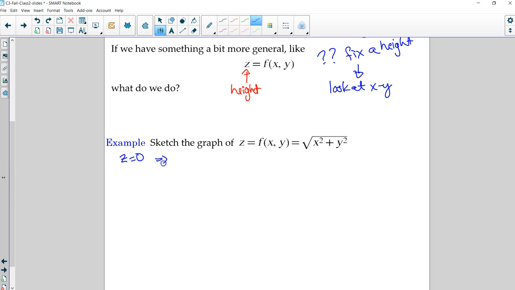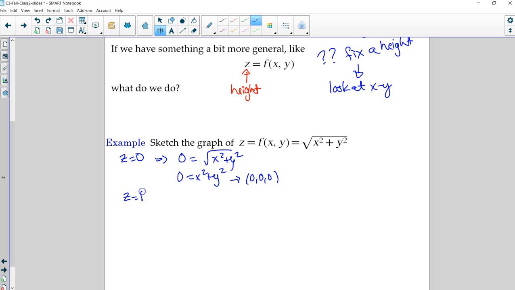Then I get 0 is equal to the square root of x squared plus y squared, and simplifying that, 0 is equal to x squared plus y squared. The only way to get the sum of two squares to be 0 is if they're both 0. So this gives me the point 0, 0, 0, or the zero vector in 3 dimensions. Well, that isn't too exciting. Let's continue on and see if this method is going to produce anything.